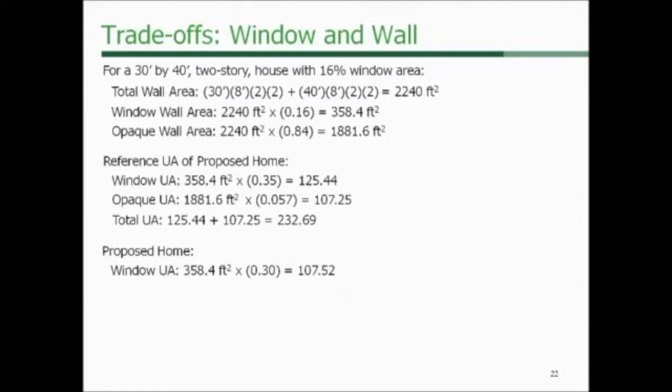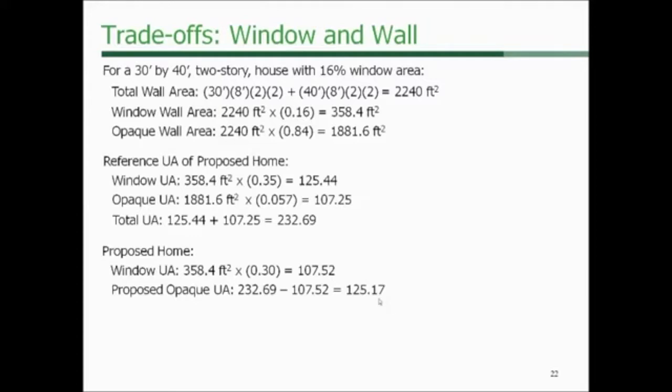So now, if I use a 0.3 window, I multiply the window area by 0.3, and I come up with a UA of 107. I subtract that 107 from 232, my total allowed UA, which means that I have 125 to use for the opaque area.